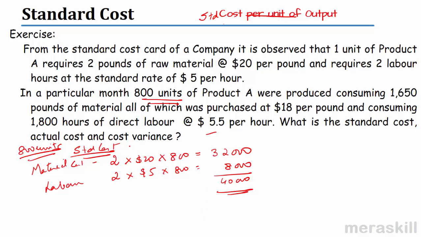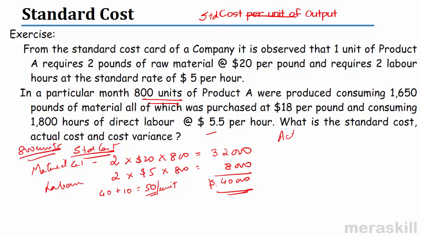Per unit cost is 2 twos of 4, that is 40, plus 5 twos are 10, equal to 50 per unit. So for 800 units, $40,000 is my standard cost.